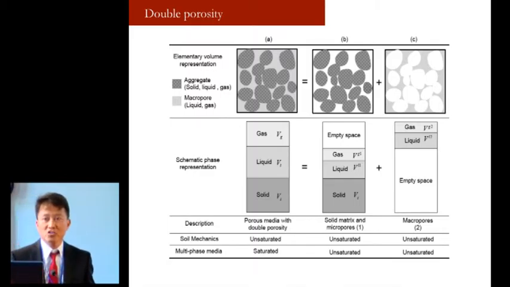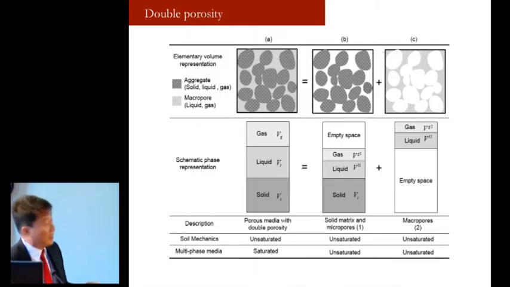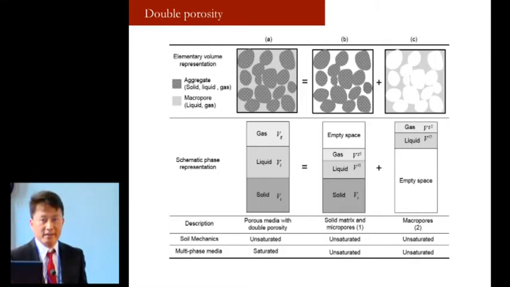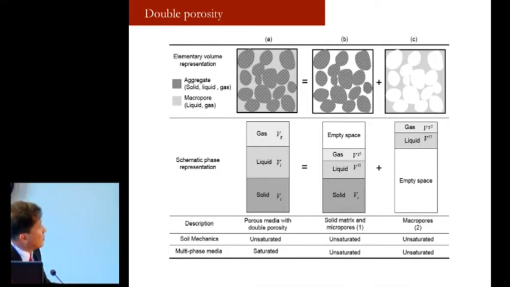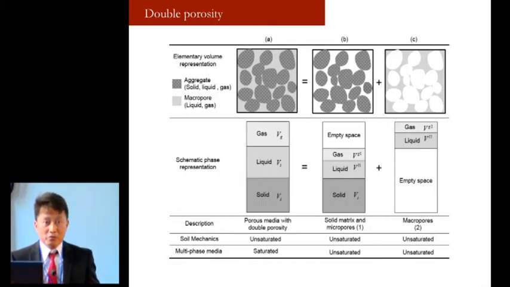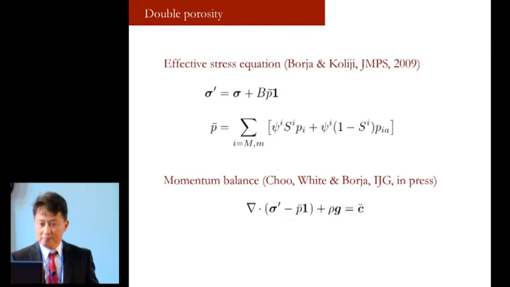That empty space is represented by the macropores. And then superimposed with that is another physically unsaturated phase diagram where you have more empty space, but that full space right there represents the macropores, which is composed of liquid and gas.